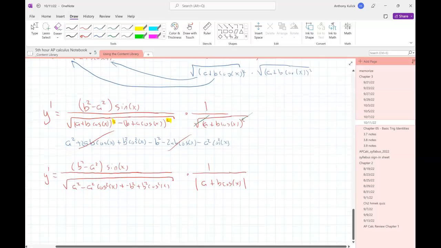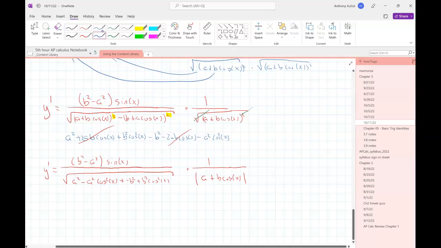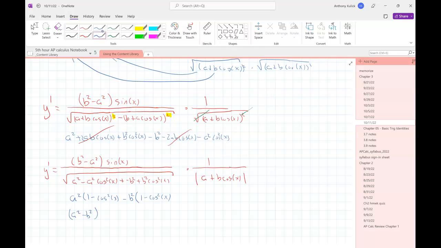And look at what I can do down here. Look at the clever factoring I can do. Well, it's about to get a little bit better.